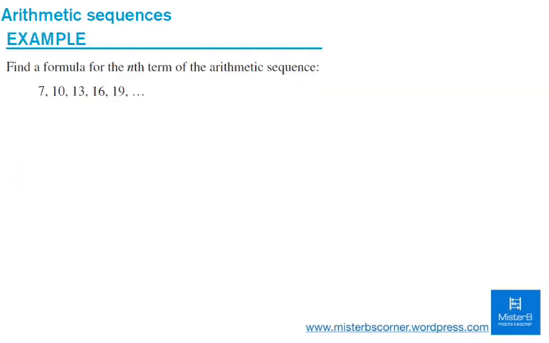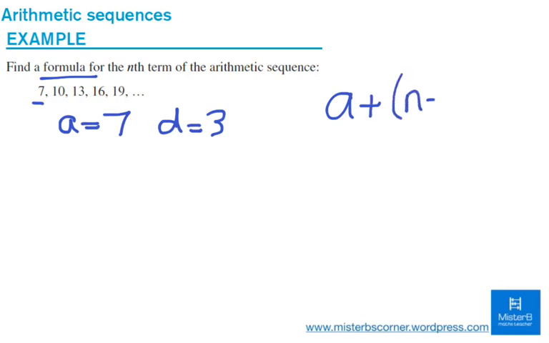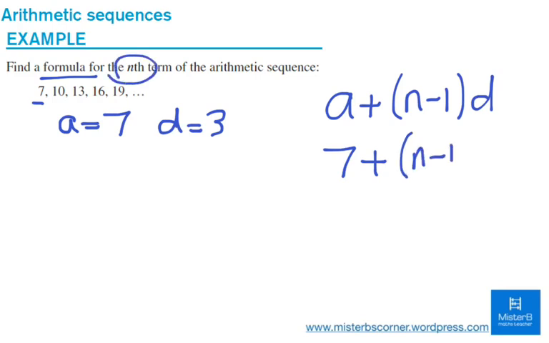Let's look at this example. To find the formula, I need the first term, which is 7, and I need the common difference, which is 3. So if I use the formula, it is A plus n minus 1 times D. It's going to be 7 plus, just because it's going to be the formula for the nth term, I'm going to keep n, and I'm going to multiply it by 3.